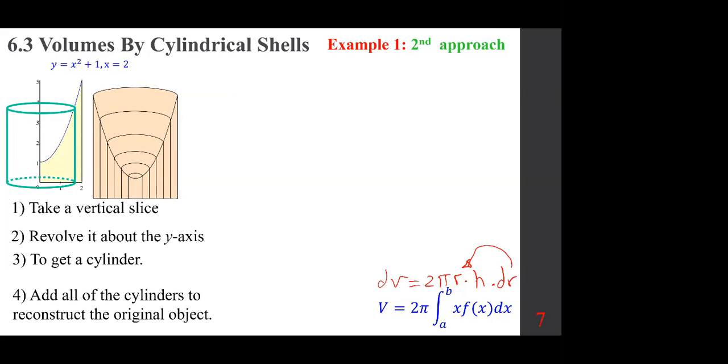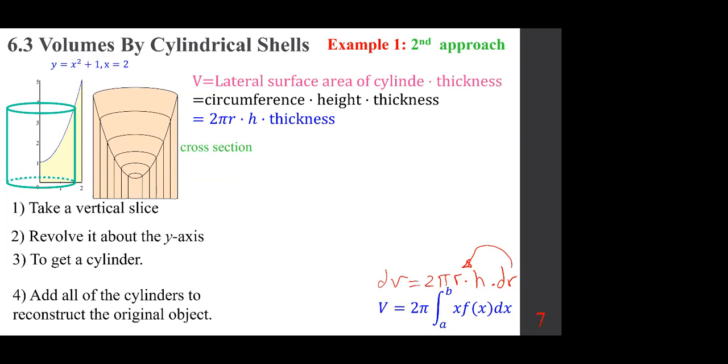Okay, so add all of the cylinders to reconstruct the original object. The lateral surface area of the cylinder times thickness would be dV. So we have 2 pi r h times the thickness. And the thickness, class, I like to call it dr.